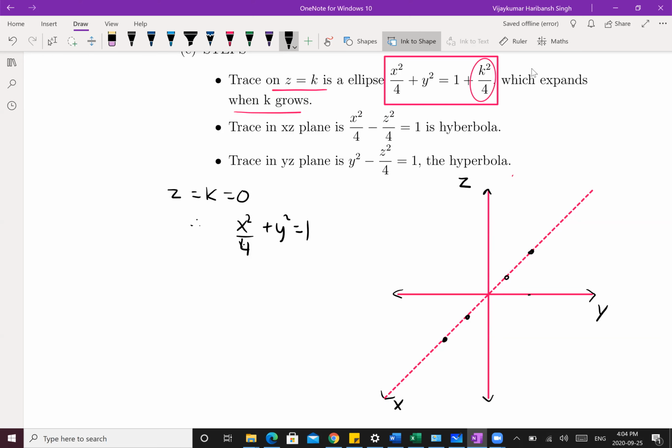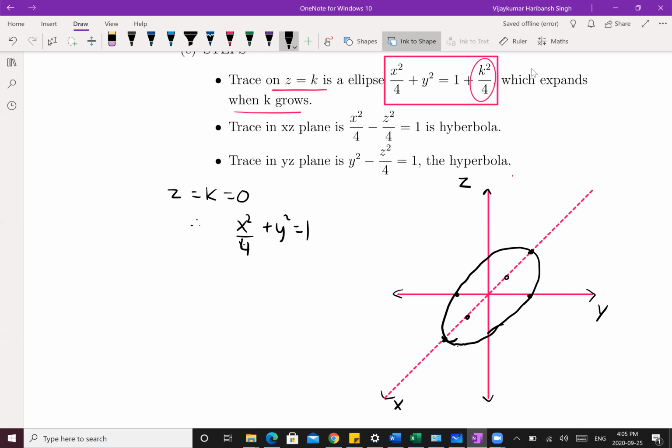Here we have 1, here we have 1. So this is k equals 0.